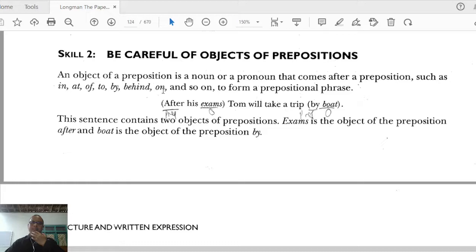The sentence contains 2 objects of preposition. Exam is the object of the preposition after, and boat is the object of the preposition by. An object of preposition can cause confusion in the structure section of the TOEFL test because it can be mistaken for the subject of a sentence.